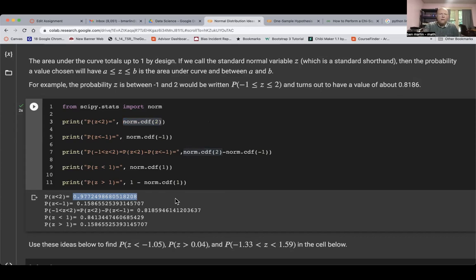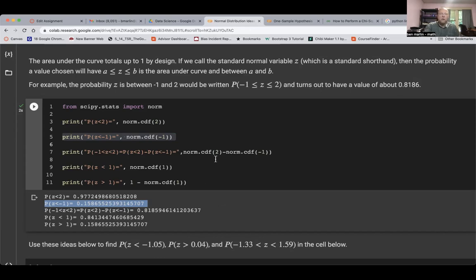Okay. And then if I wanted to get the area to the left of -1, that turns out to be 0.1586. Python doesn't seem to have built into it the thing that your calculator has built in, where you would say norm CDF from -1 to 2 in just one step.